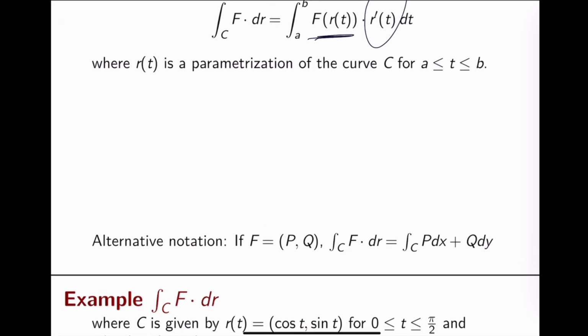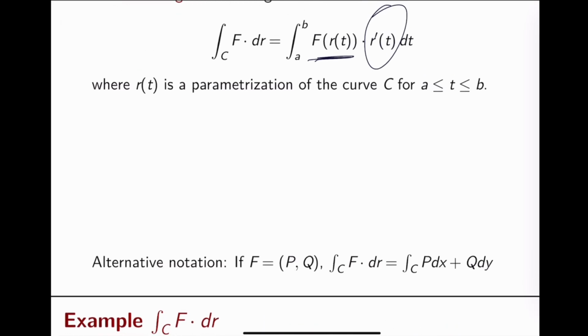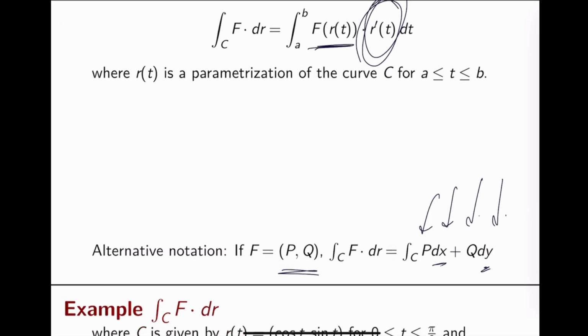An alternative notation, by the way, for this, if we consider the vector field in the two-dimensional space with two components, we can write this as the first component dx and the second component dy, where the dx and the dy are just the components of the derivative, the first and the second component of the vector derivative.